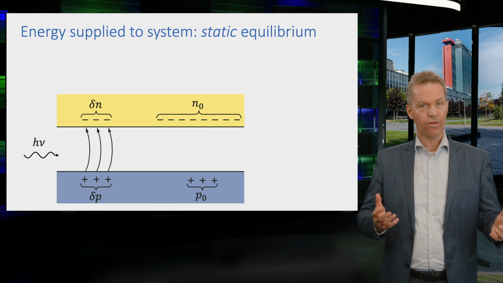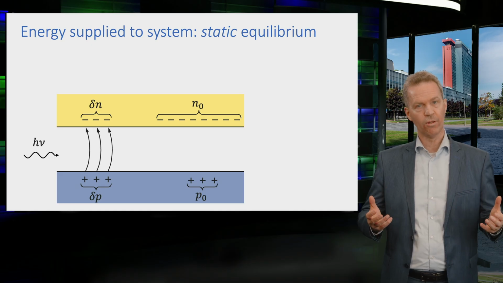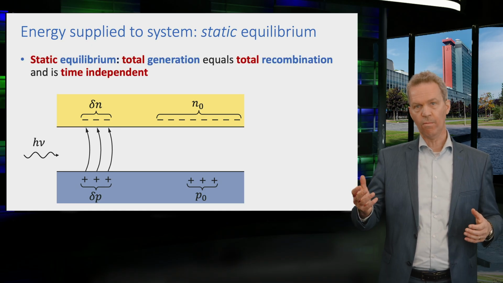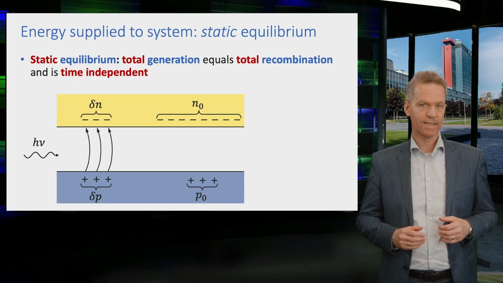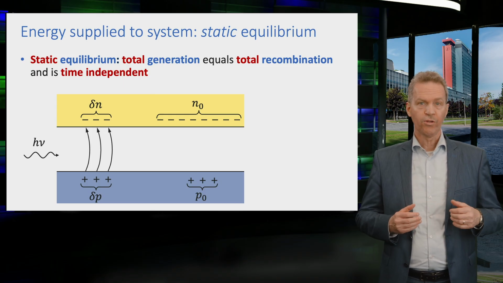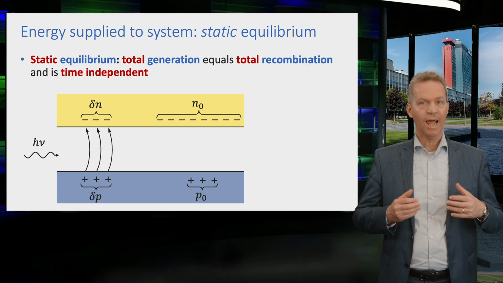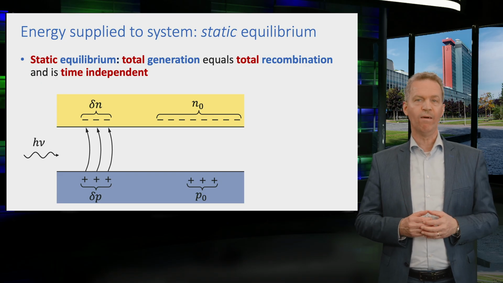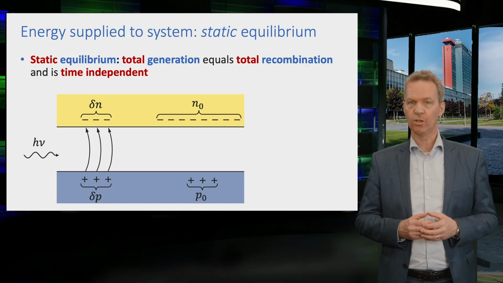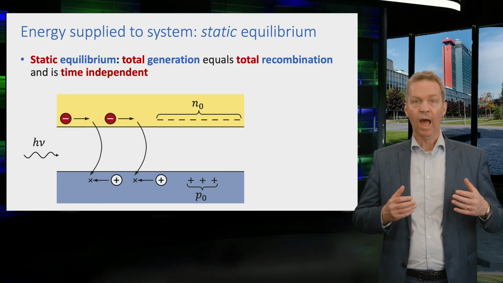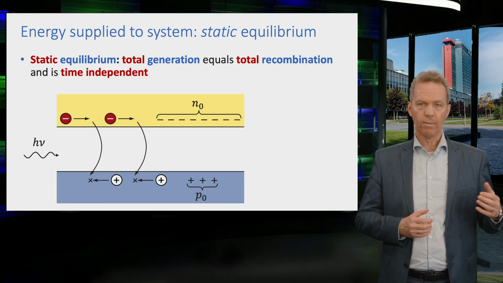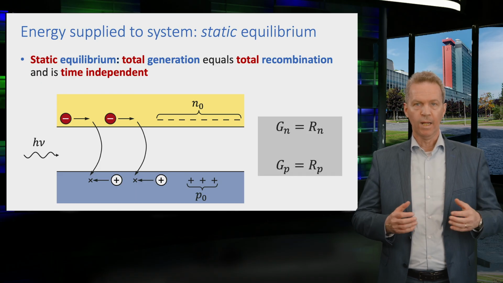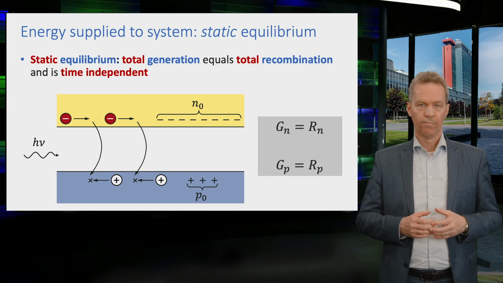If we consider this situation to be constant in time, the system will be in static equilibrium or steady state. Also, in that situation, electrons and holes will travel through the material and eventually recombine, and the generation rate will be equal to the recombination rate for electrons and for holes.